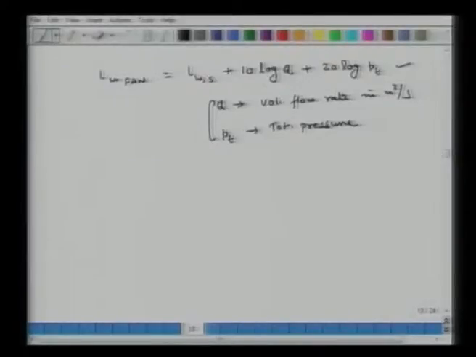If I have a fan which is axial backward curved over 0.75, then at 63 hertz it generates 85 decibels plus 10 log of Q plus 20 log of PT. Understood?